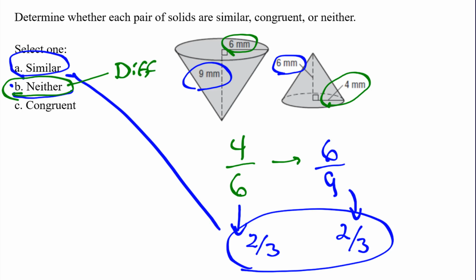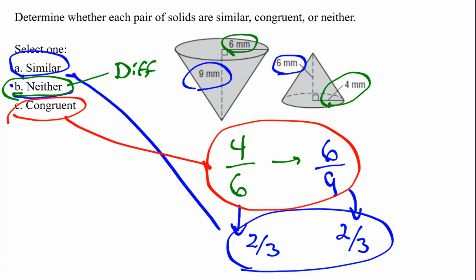If they were different, you would call it neither. If they were the exact same, meaning here, not the ratios, but the original lengths, if those original lengths were all the same, then they would be congruent because they're the exact same size.